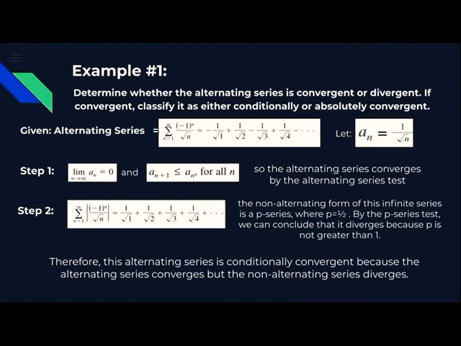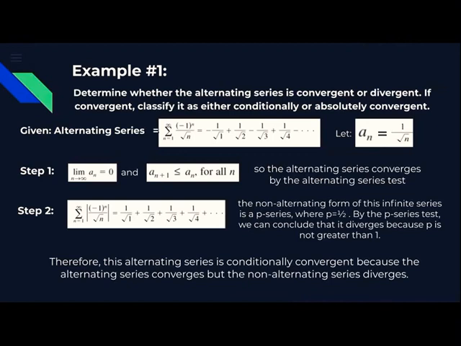And a sub n is non-increasing for all n because 1 over radical n plus 1 is less than 1 over radical n. So therefore the alternating series test works and the alternating series converges.